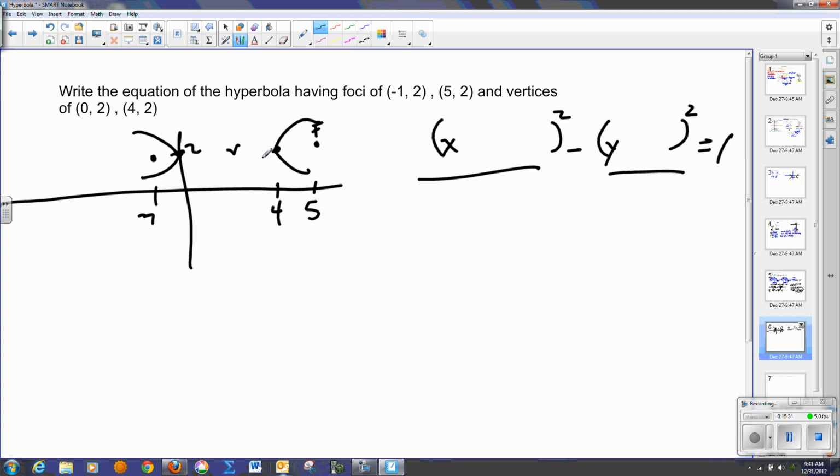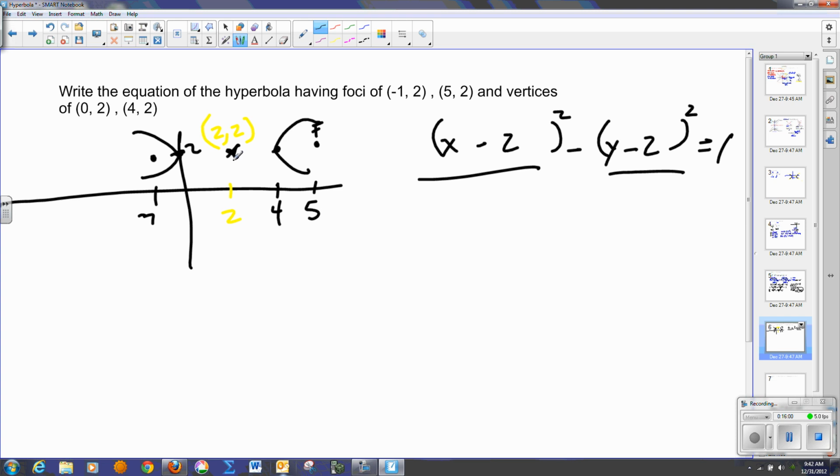Now it's going to be important that I have my center value, which is dead center in between these two guys. So I'm basically looking for the center of 0 and 4, which puts me at 2. So I have a center at 2, 2, which means now I can start filling in my equation with my h, k values.